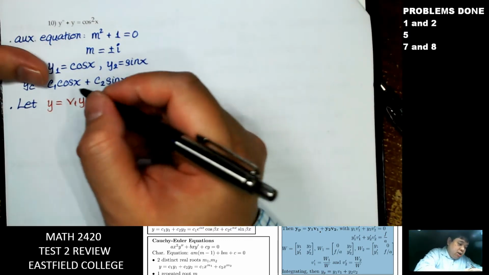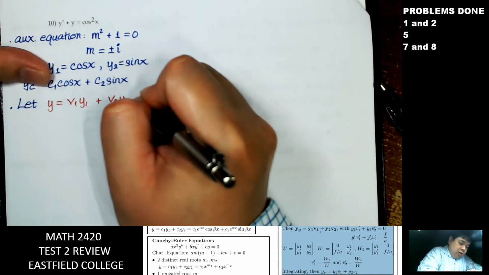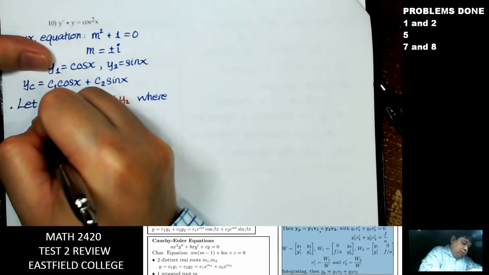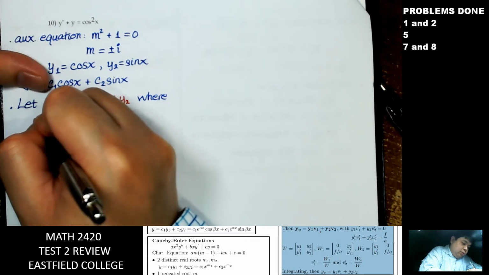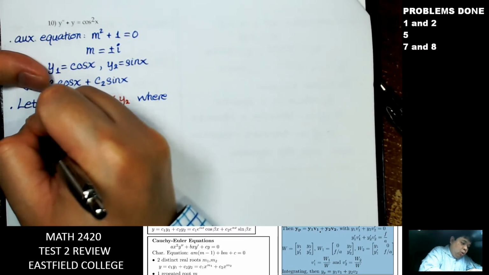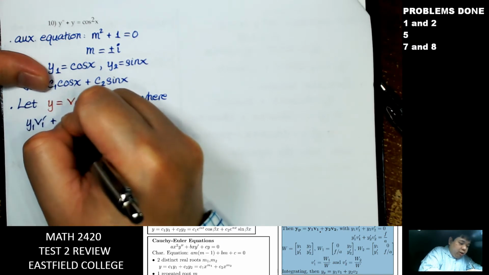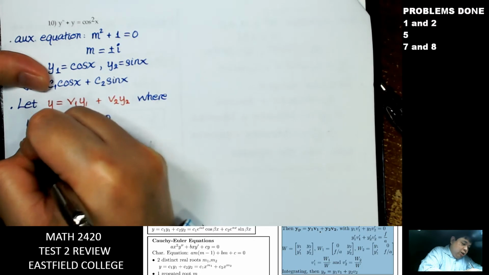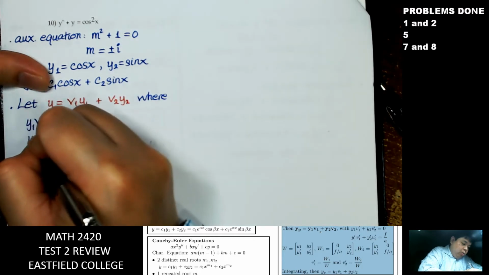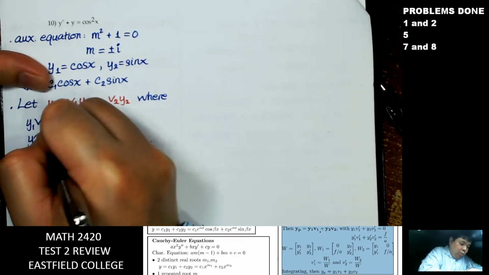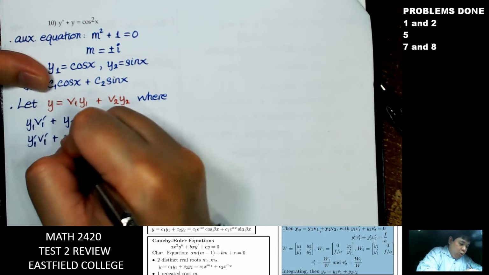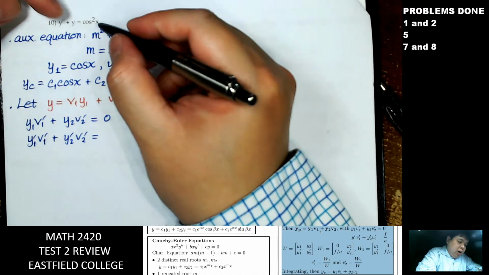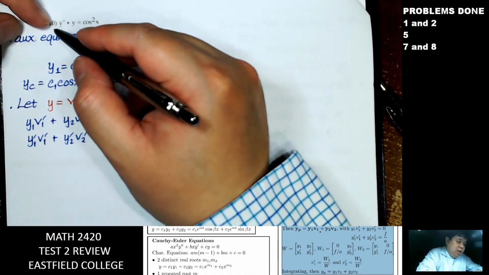And we have the system of equations: y1 v1 prime plus y2 v2 prime equal to 0, y1 prime v1 prime plus y2 prime v2 prime equal to the function divided by a.